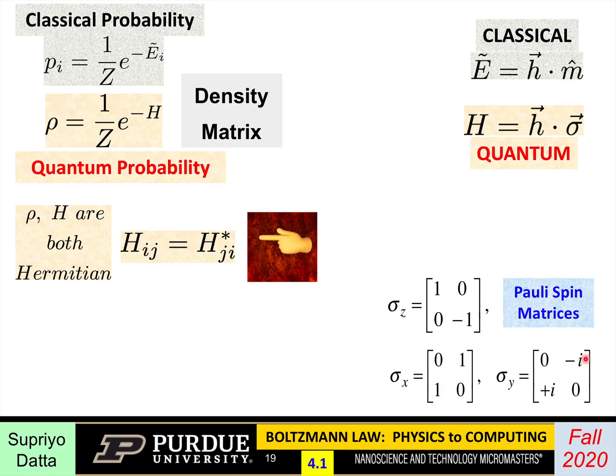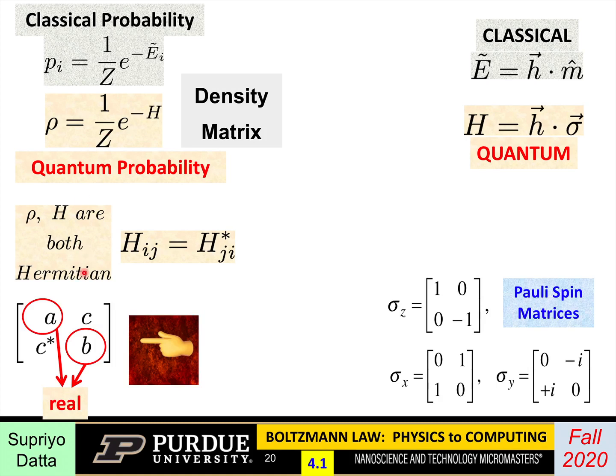And here also, minus i is the complex conjugate of plus i. So H is Hermitian, and so is rho, which is obtained by exponentiating this H. And I should note that this exponentiation is in a matrix sense, not in an element by element sense. And this will become clear when we look at the actual examples.